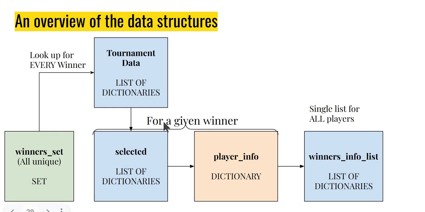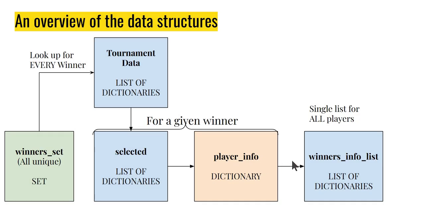Essentially, I have filtered this list to start with, and from there created information related to a given player. I'm going to present this information a little bit differently in the form of a dictionary, and I'll create a dictionary for a given player. So for a given player, I'll probe this tournament data, find out where all I see this name, and that goes into my selected. From this selected, I'll extract some information and put it in a dictionary called player info.